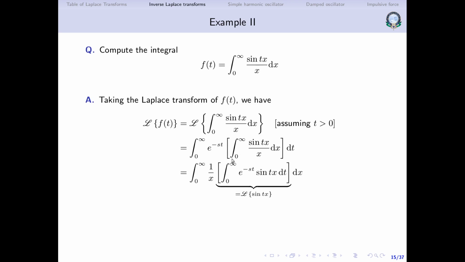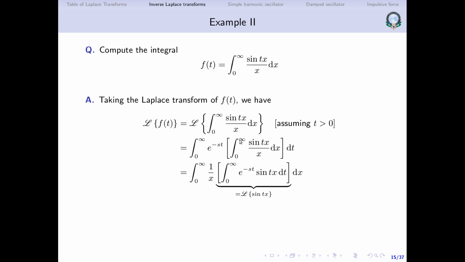So I could take this integration with respect to x outside, and the moment I take integration with respect to x outside, that means this 1 by x also I can take it outside, because whatever remains depends only on t, sine t x e to the power minus st dt. The rest of the terms depend only on t, so that quantity which depends only on x, I could always take it outside.